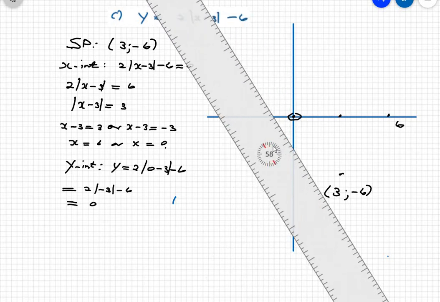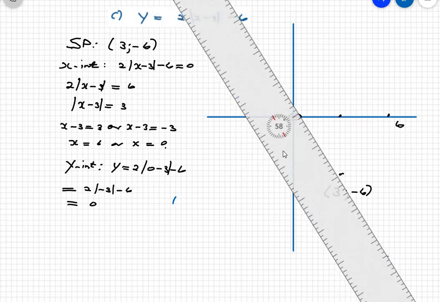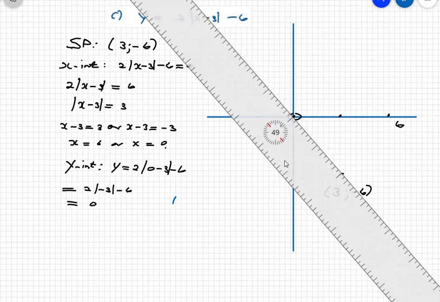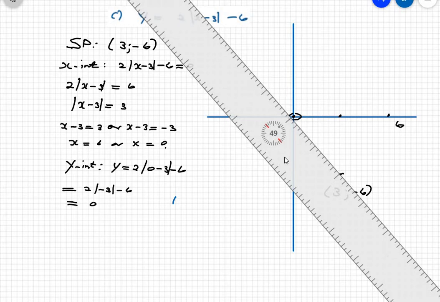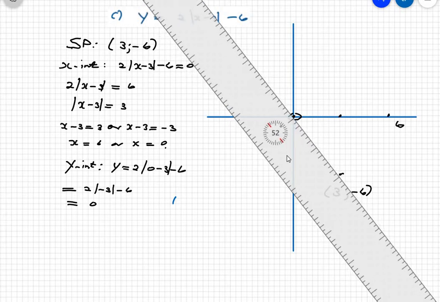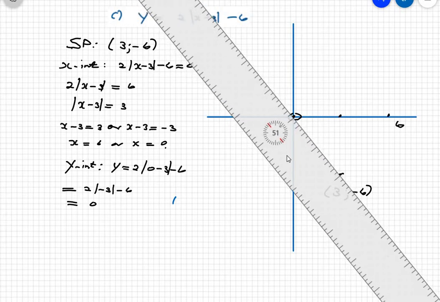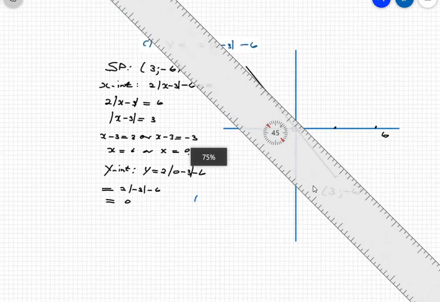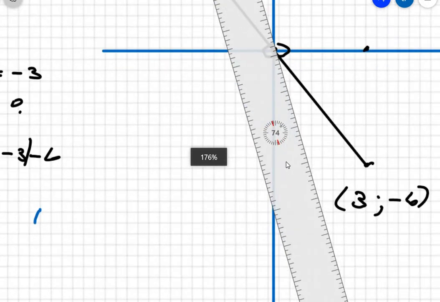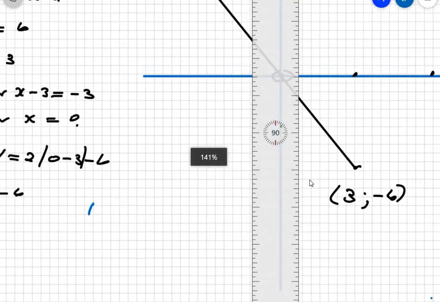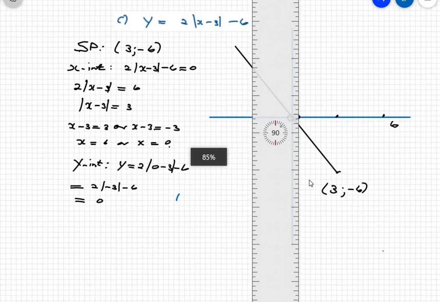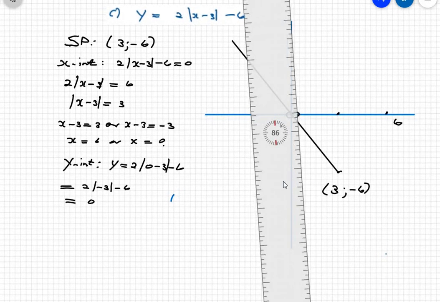Going to do this one first. Okay, so go through there. And let's go back, sorry. Must be just here, okay.